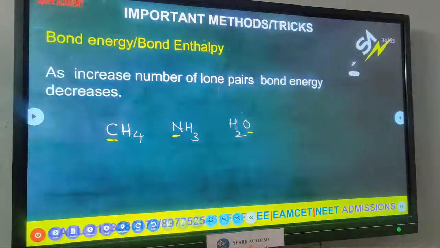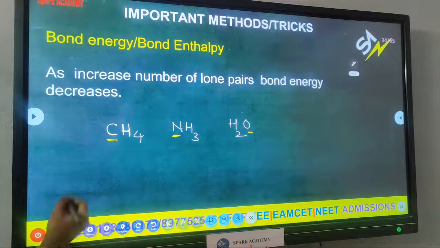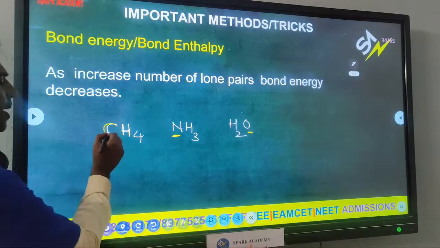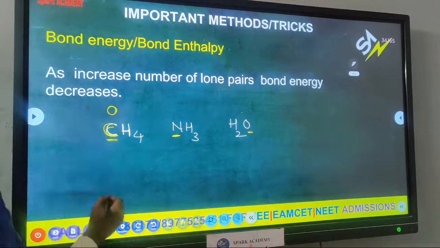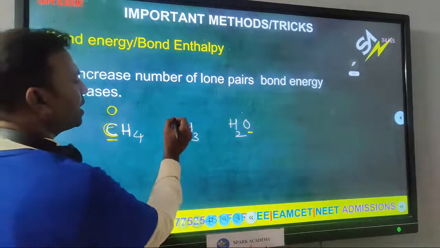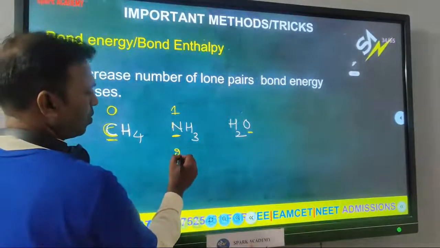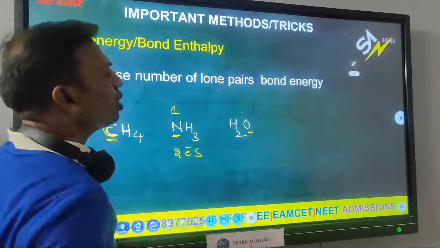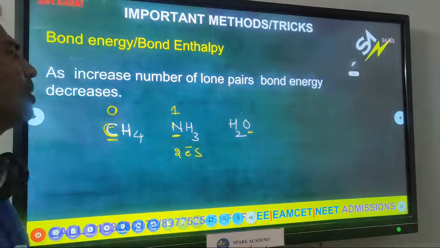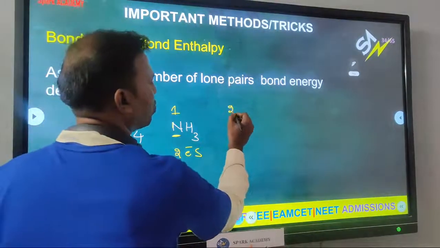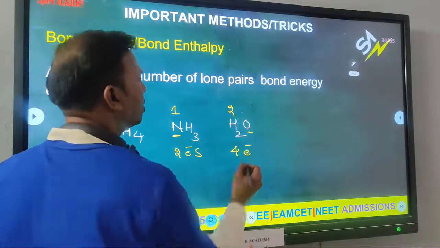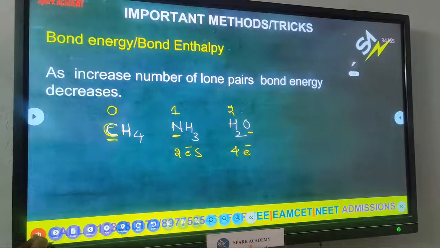What about the number of lone pairs? In the case of carbon, the number of lone pairs is 0. In the case of ammonia, nitrogen has 1 lone pair, meaning 2 electrons. In the case of water, oxygen has 2 lone pairs, total 4 electrons. So we are talking only about the number of lone pairs.